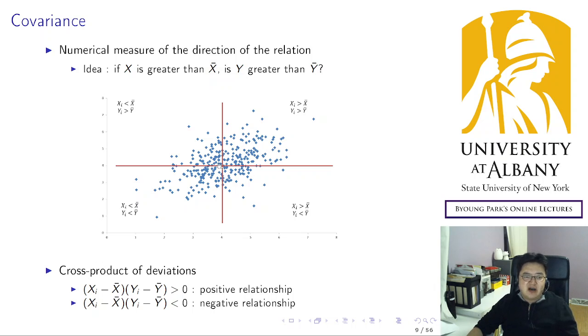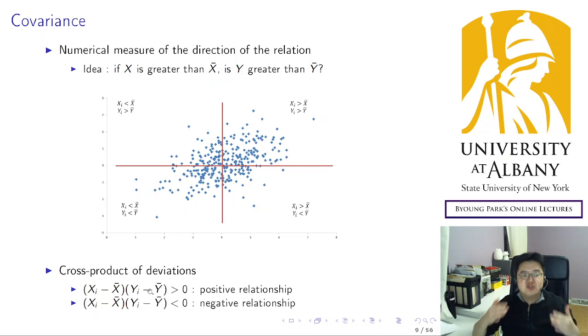Therefore, to quantify, we are going to calculate some kind of average of their relationship. The idea is like this. We will multiply their changes from their average, the change in x and the change in y.